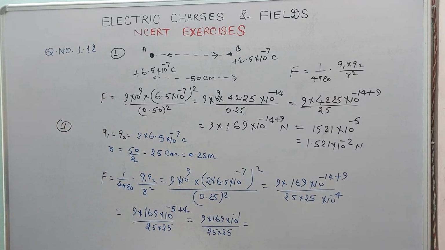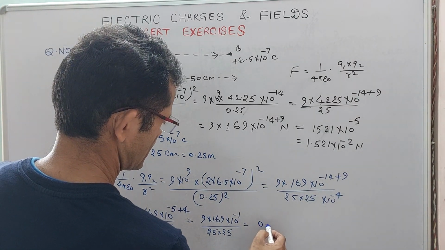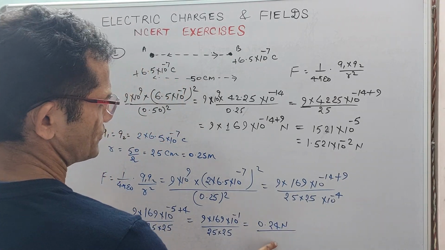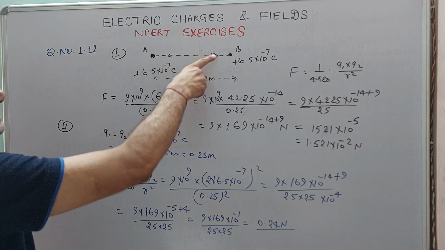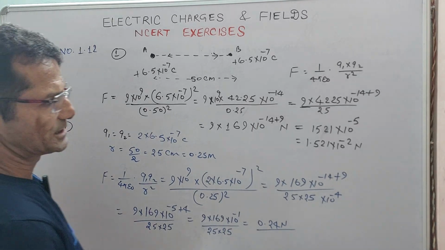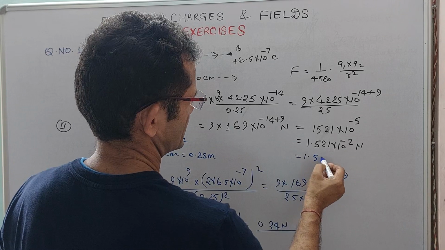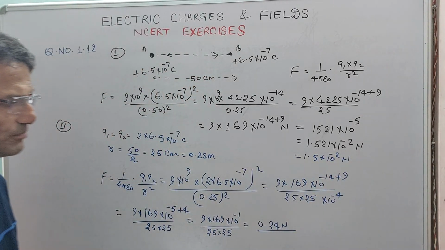So now if you divide, the value will come out 0.24 Newton. So in this question, with 0.24 Newtons, our force between these two spherical bodies increased. Earlier one was approximately 1.5 into 10 raised to the minus 2 Newton. Now in this case 0.24.